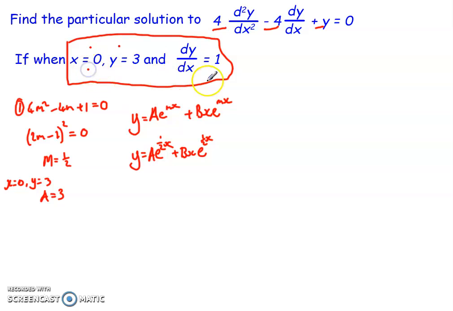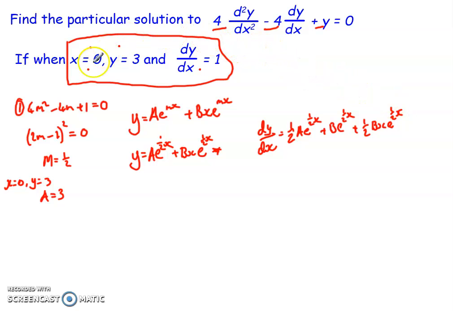What I'm then going to do is take the second condition, x equals 0, and dy by dx equals 1. So the first thing I have to do is calculate the derivative of this here. From that, I know that dy by dx is equal to half a e to the half x plus b e to the half x plus a half b x e to the half x.